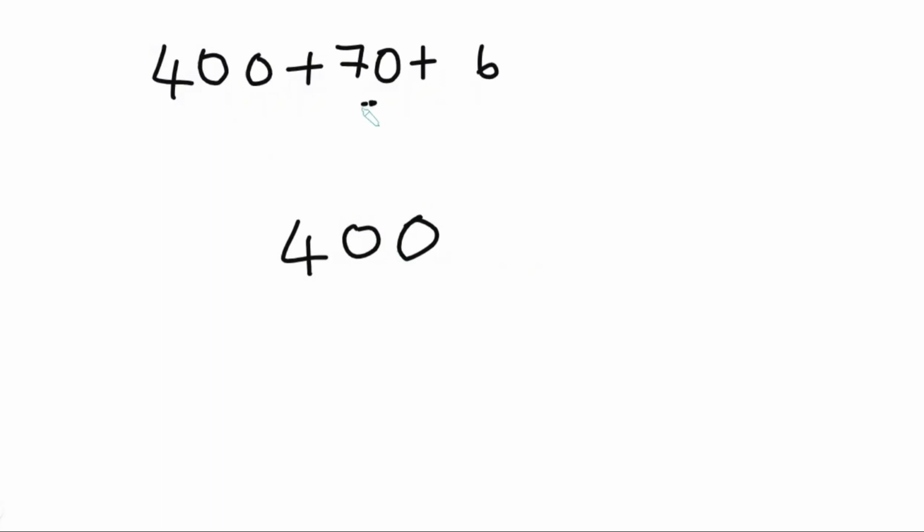Where would we put the 70? Now, we know that it's not 700s, is it? So we know that the 70 needs to come in this column, the 7 needs to be in this column, the 0 needs to be in this column, because we have no hundreds. It's the number 70, which doesn't include any hundreds. So our 70 goes there.